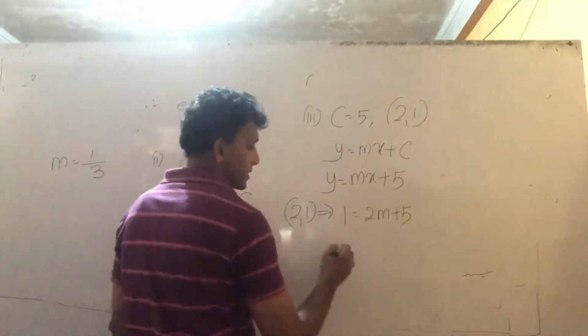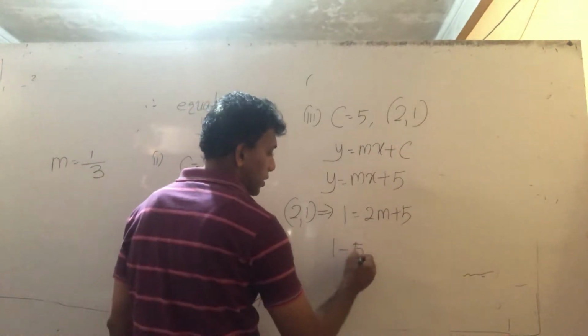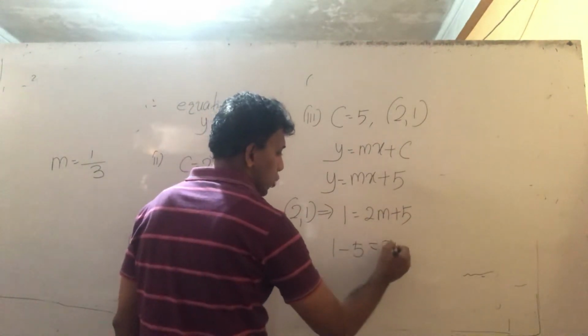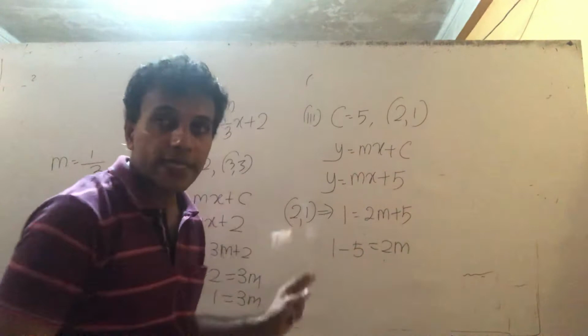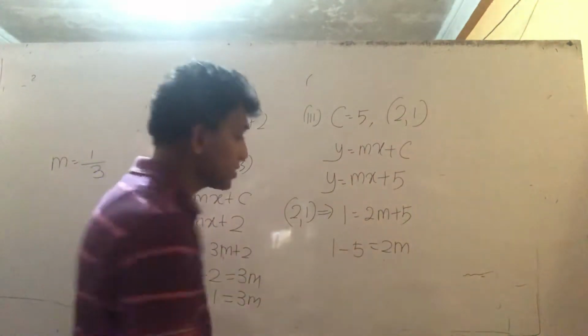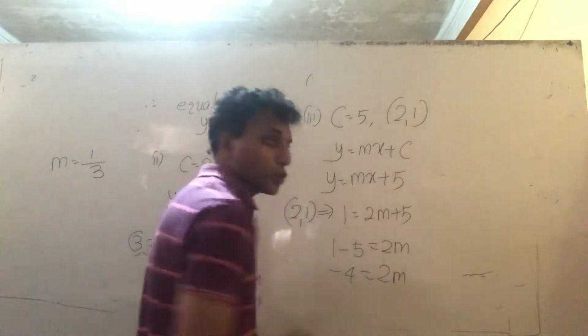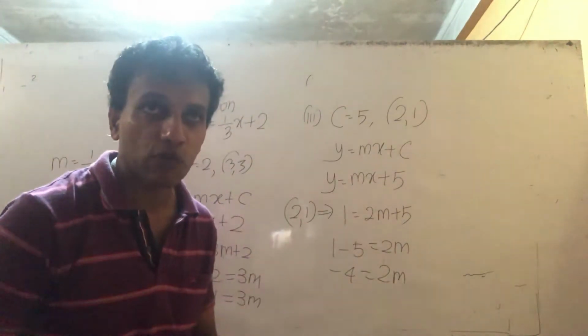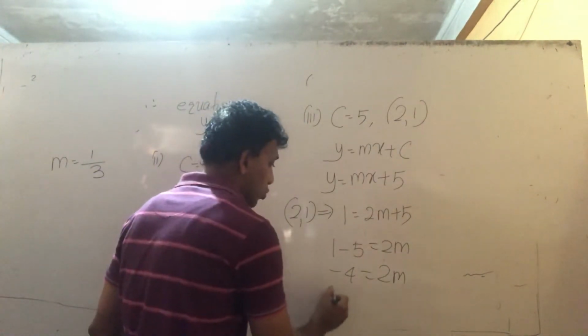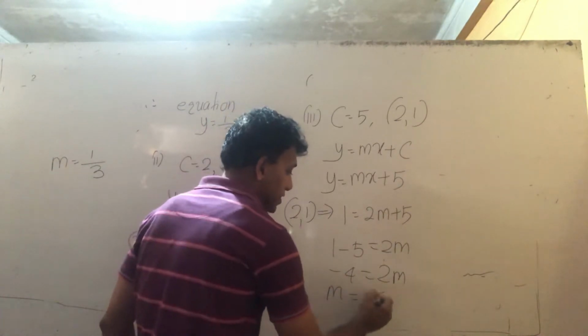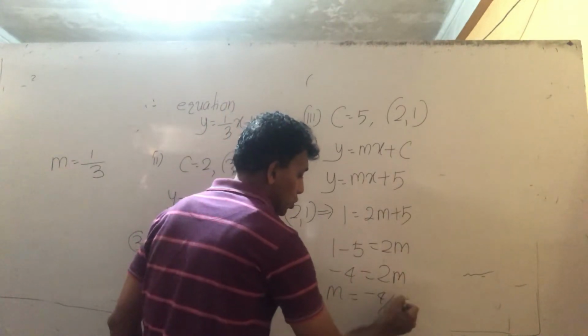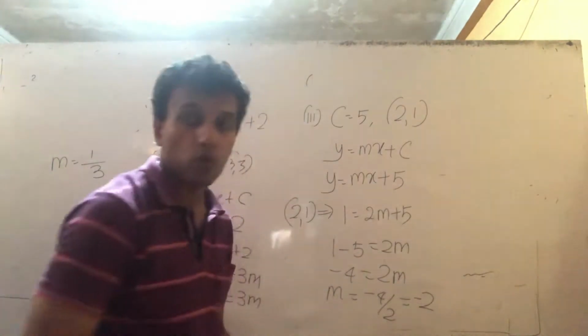Take the 5 to this side, 1 minus 5 equals 2m. So 1 subtract 5, minus 4 equals 2m. So 2m equals minus 4. Therefore m equals minus 4 divided by 2. That is minus 2, right?